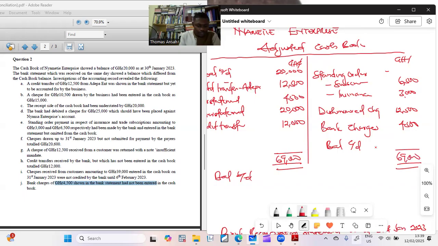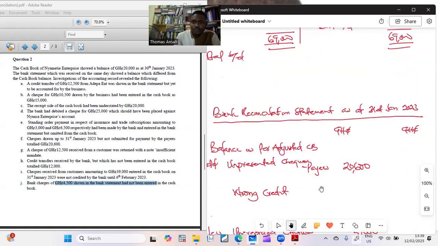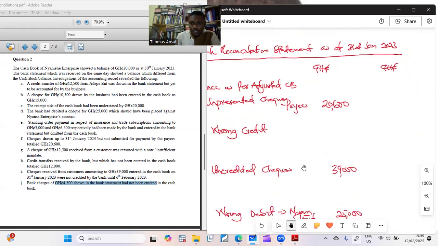If I take away 6,500, take away 3,000, take away 12,500, take away 4,500, I end up with 42,500. That's it. So balance per adjusted cash book, 42,500.